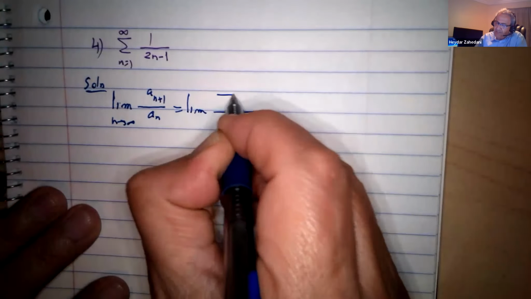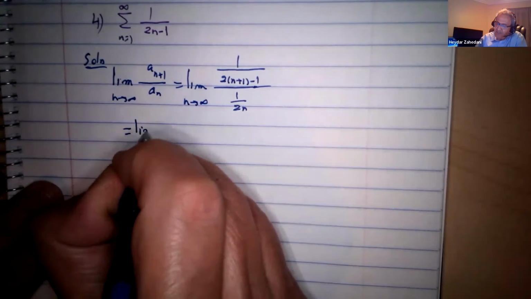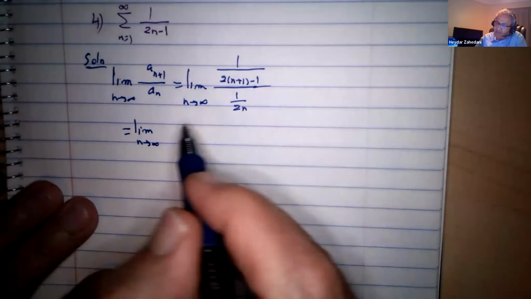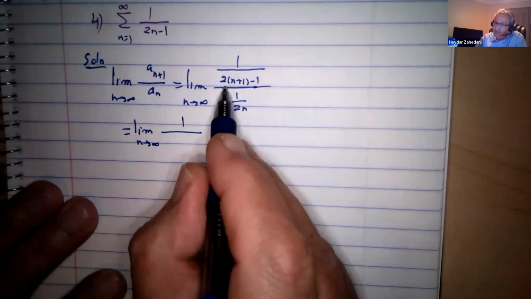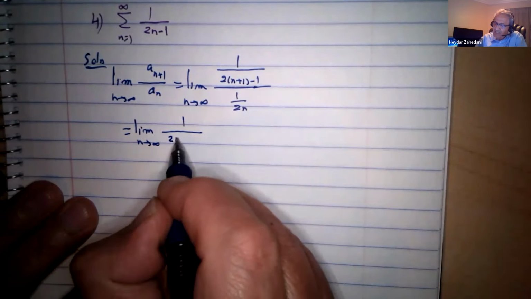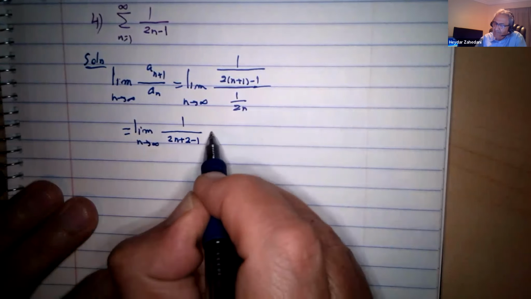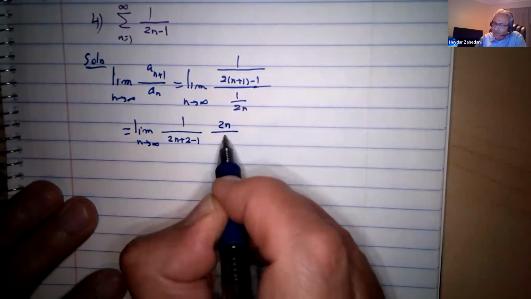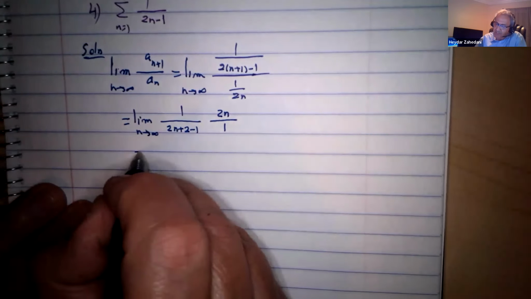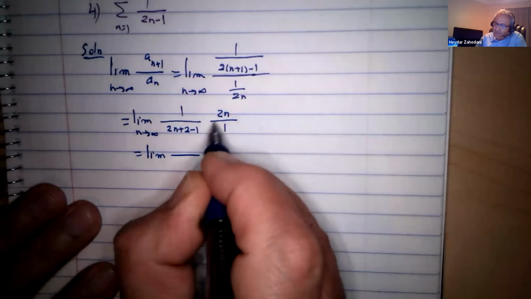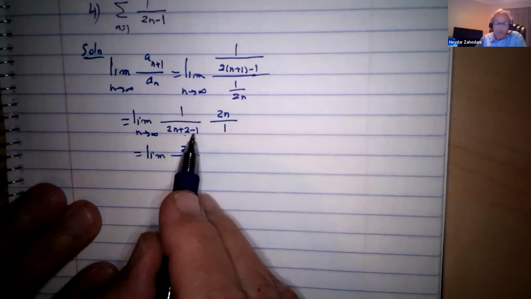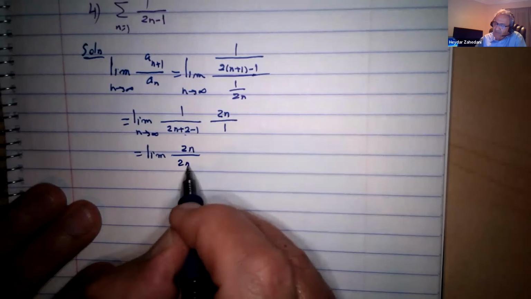The top would be 1 over 2 times (n plus 1) minus 1, and the bottom one would be 1 over 2n minus 1. You write the first fraction and multiply by the reciprocal of the other one. It's going to be 1, and I multiply the 2 into n plus 1 inside. That gives me 2n plus 2 minus 1. And I use the reciprocal here, which gives me 2n minus 1 over 1. So the limit on the top we get 2n, down the bottom 2 minus 1 would be positive 1, so that gives you 2n plus 1.